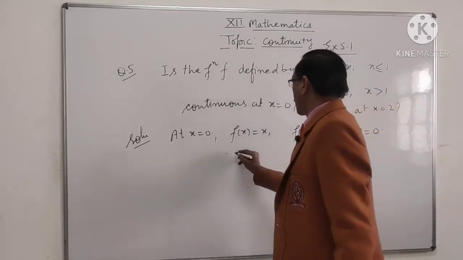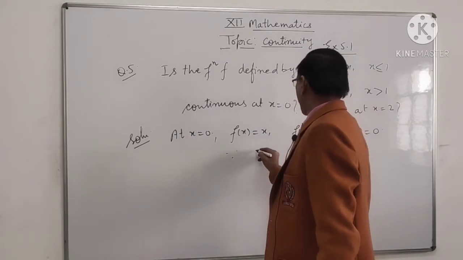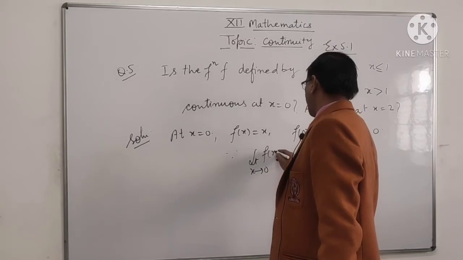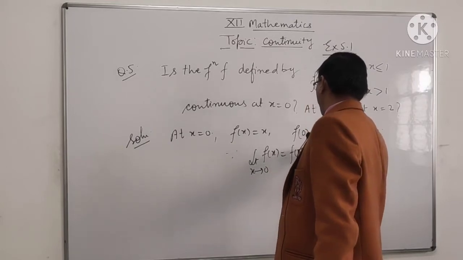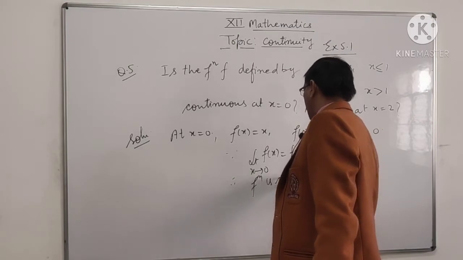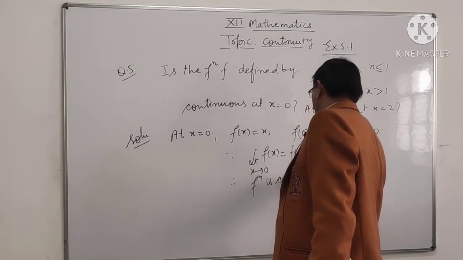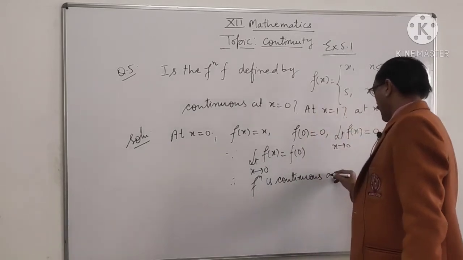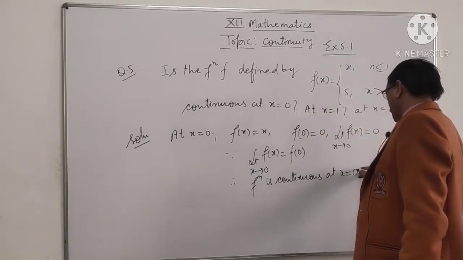Here both values are the same. Limit x tends to 0 of f(x) equals f(0). Therefore, the function is continuous at x equal to 0.